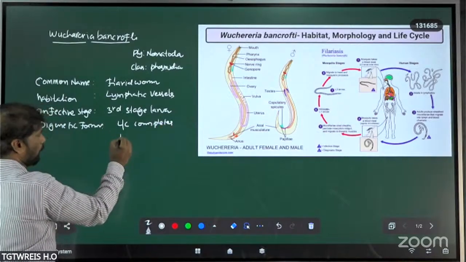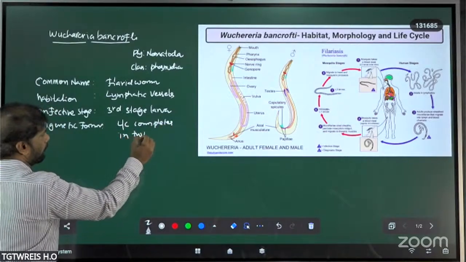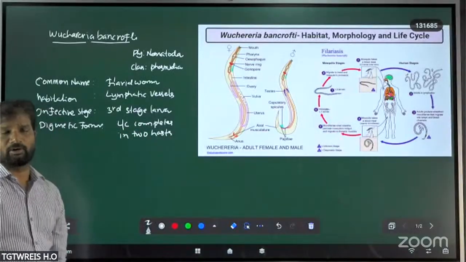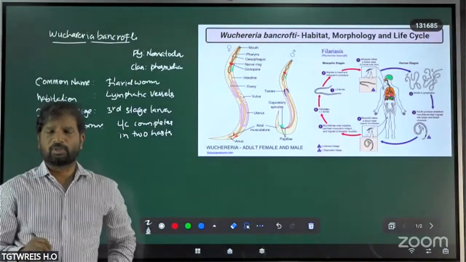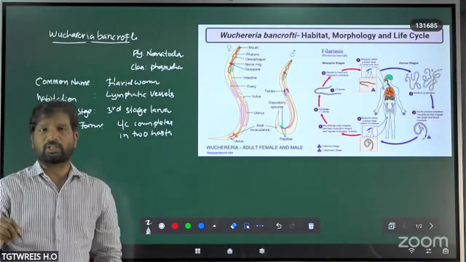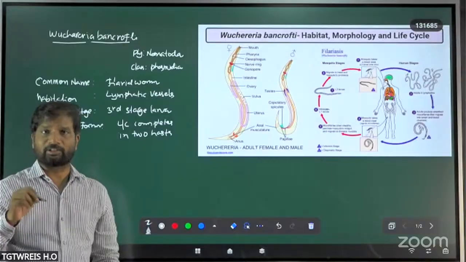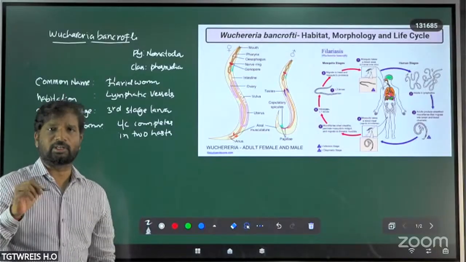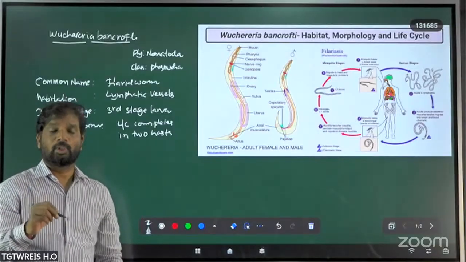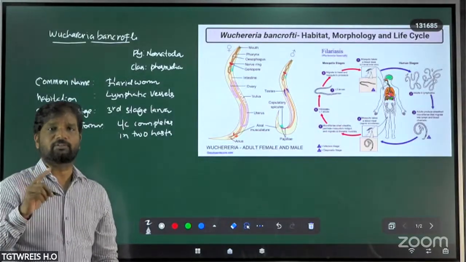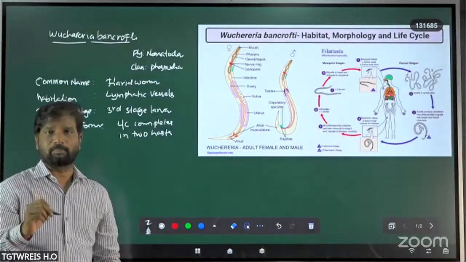That's why it is known as the digenetic form. In our syllabus, Plasmodium is also a digenetic form because its life cycle is completed in two hosts. But the Entamoeba life cycle is completed in one host, so it is known as a monogenetic parasite.